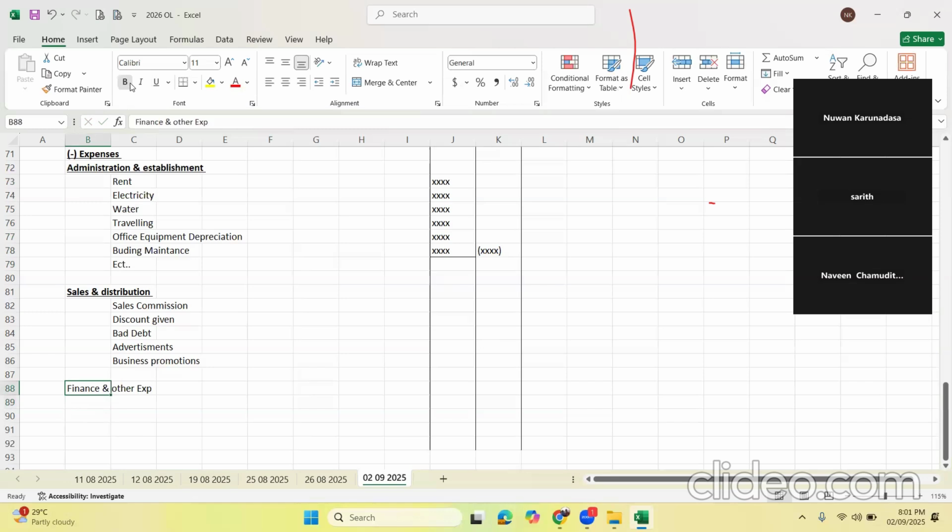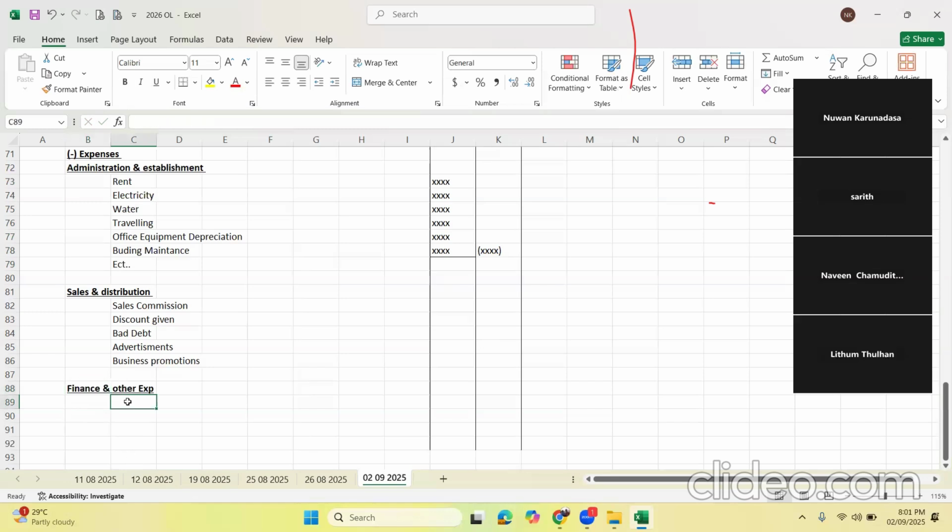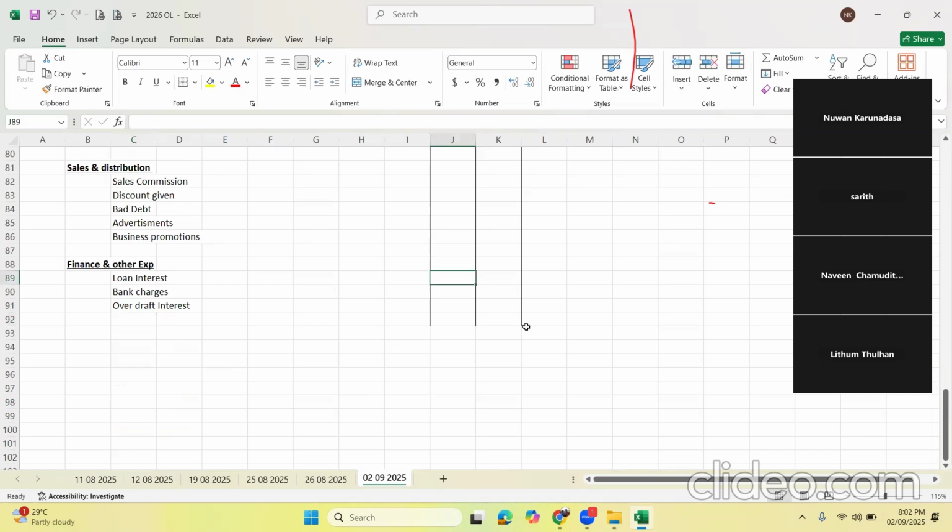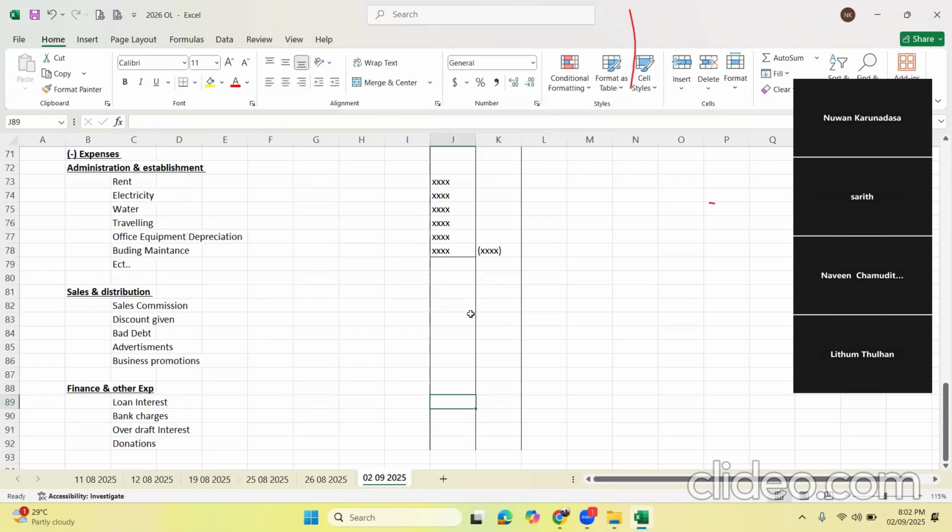That means related to finance cost, maybe loan interest, bank charges, overdraft interest, right? Those types of finance and other expenses, maybe donation, that's other expense. Those types of expense you take here.